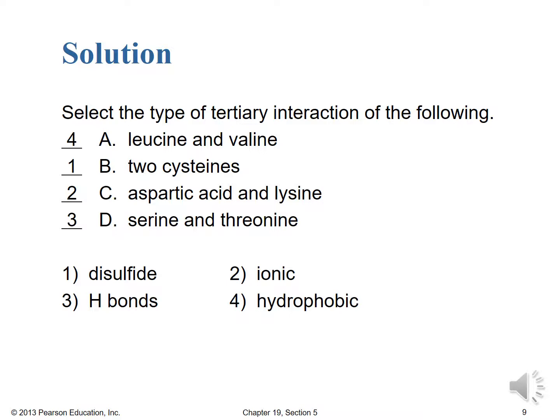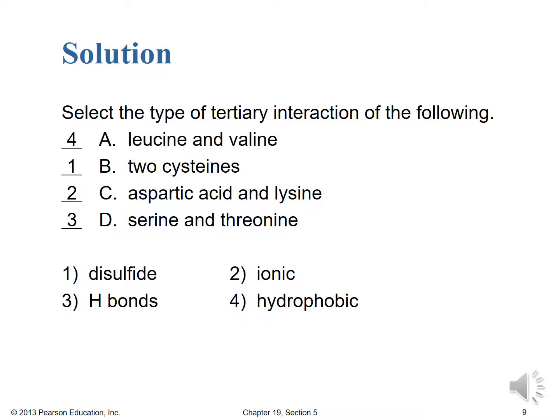So that would be 1. C, aspartic acid and lysine. Those are our ionizable side chains. We have an acid and a base, so they can form salt bridges, so they have ionic interactions.